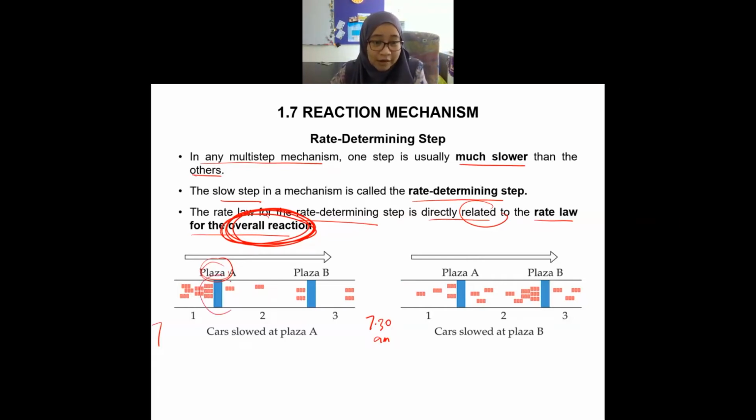Tapi because of this one part here, everything will be slow down lah. The rate will be, even though B ni perfect, okay. Tapi A ni slow, the rest will be slow. You akan tetap lambat sampai for your work. Okay? Ini kalau case slow dekat Plaza A, case slow dekat Plaza B.